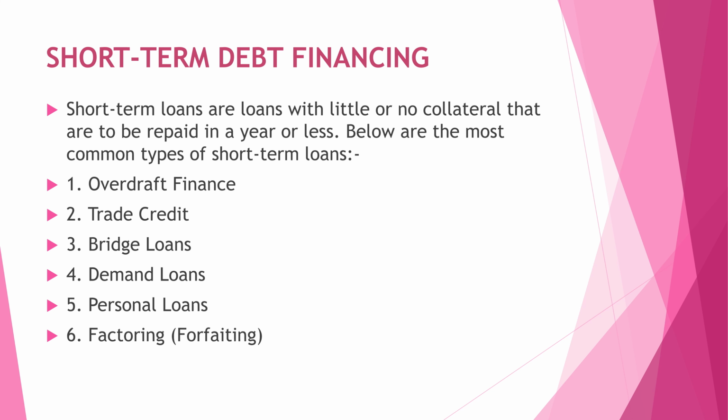Maybe the arrangement could be for 3 months, but just within the first 1 month, the lender tells you that you need to pay back the loan. They need it back. So maybe they'll just give you 3 or 4 days notice to pay back the loan, despite the loan being for 3 months.